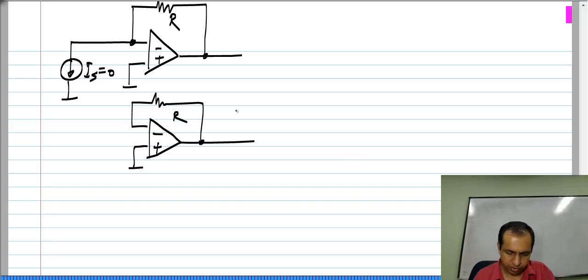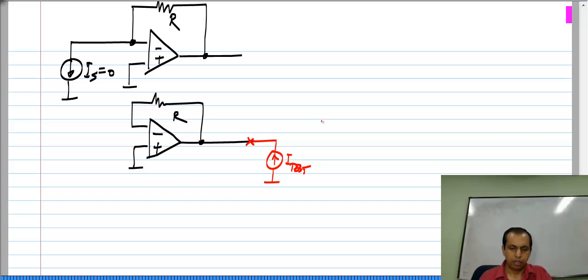Okay. Now, to evaluate the output resistance, I connect a test current. Now, this Vx here is 0, okay, and no current flows through the resistor because no current can flow into the input of the op amp.